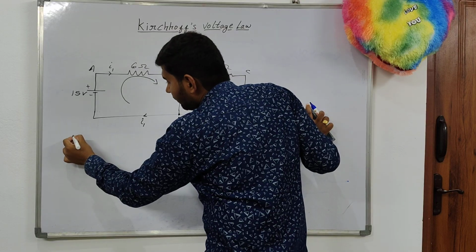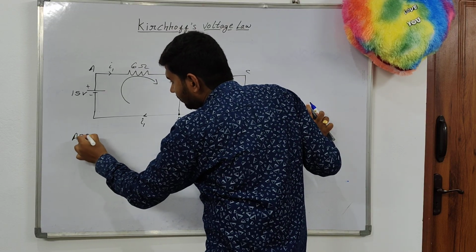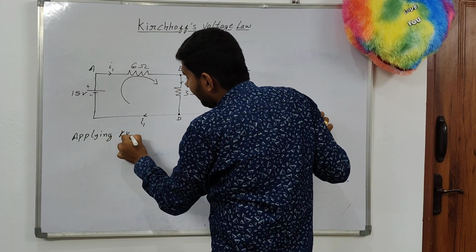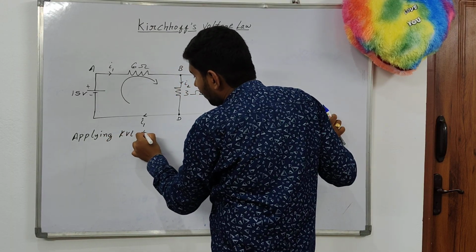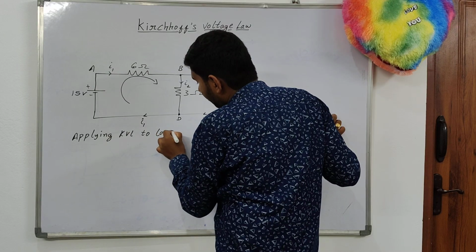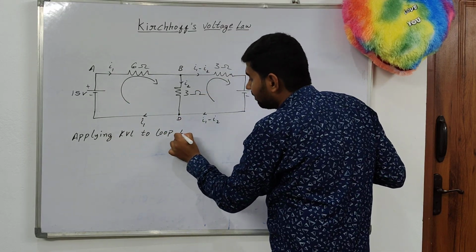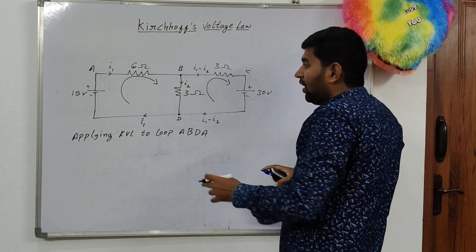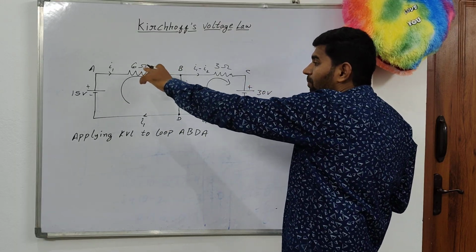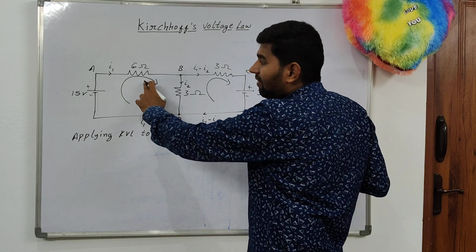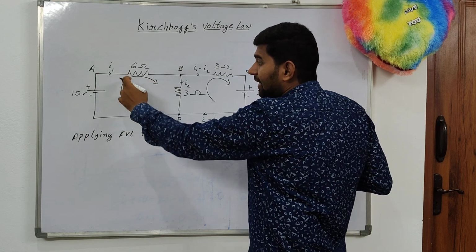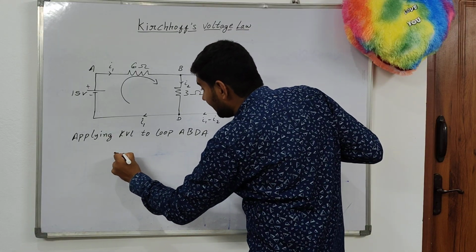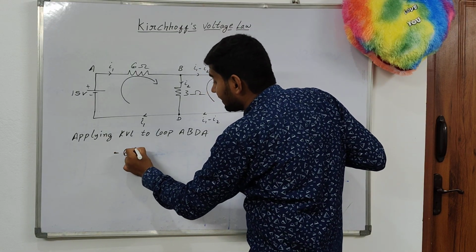Applying KVL to the first loop A, B, D, A. How do we write it? This is our traversing direction and this is the current direction. Both are the same, so it becomes minus here for the resistance 6.